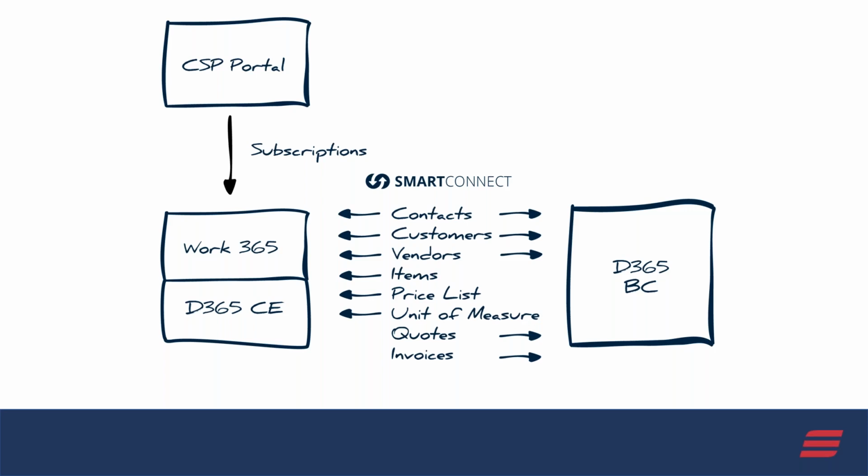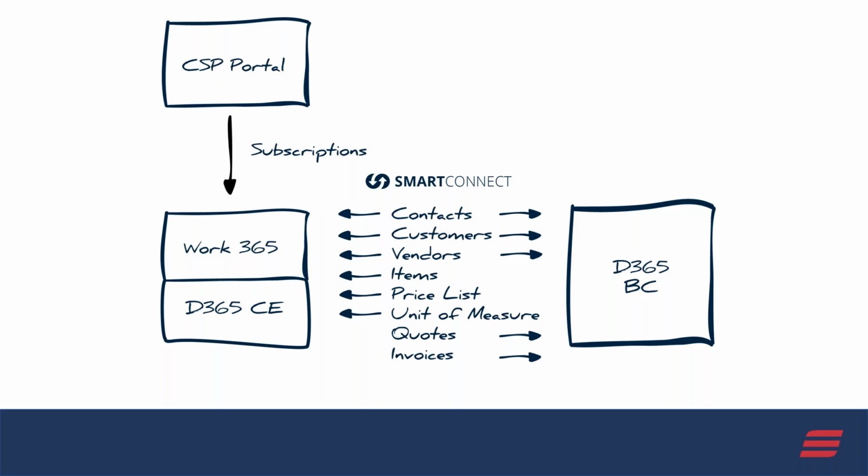In addition to that, you might have vendors or price lists, items, units of measure, etc., that should be synchronized as well. Now, a big benefit with SmartConnect is we can handle that flexibility. So whatever your business process might look like, and in the direction you want that data to flow, we can configure the integrations to run in that manner, to make sure that you have your data where you need it when you're synchronizing the invoices from Work 365.